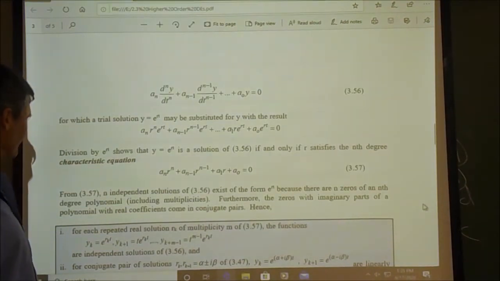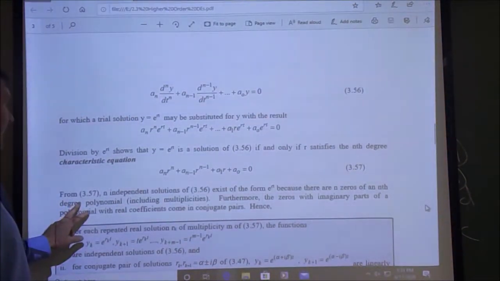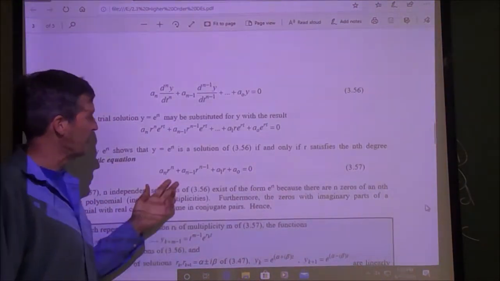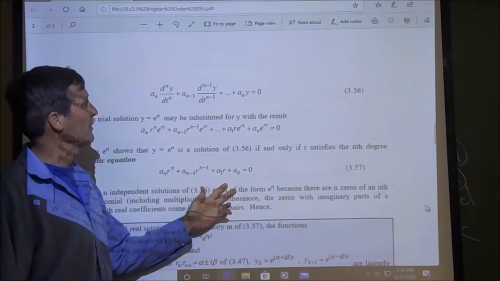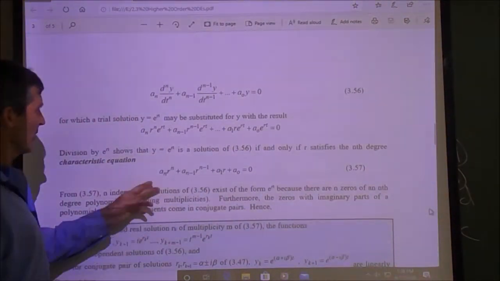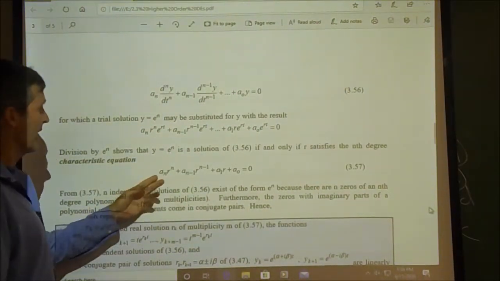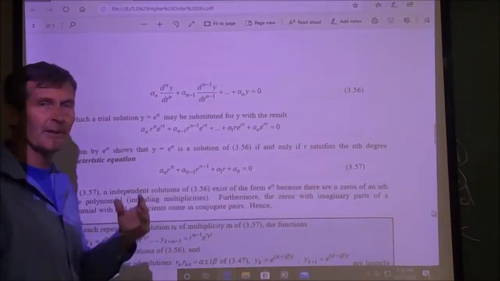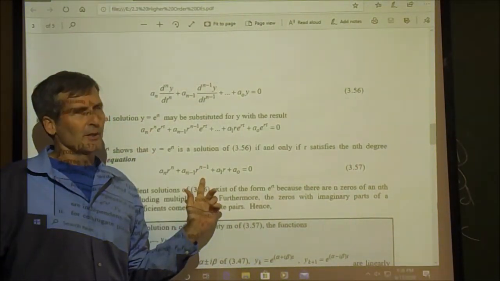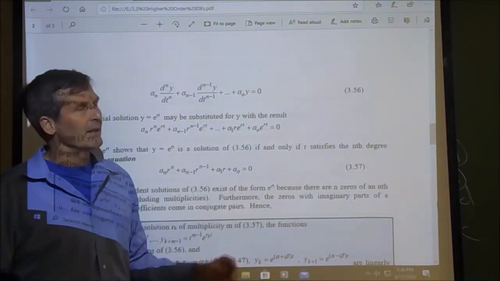Now, from this, we can always, it turns out, deduce n linearly independent solutions and therefore get the general solution of the differential equation. So how do we do it? We just need to find these r values that satisfy an nth order polynomial. Maybe there's a solution to an nth degree polynomial equals 0, just like there's a quadratic equation, right?